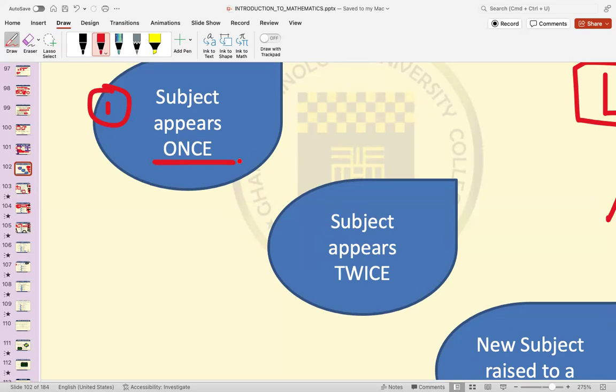Those are the 3 examples we have done. And then secondly, sometimes the subject or the letter you are looking for is going to appear twice in the expression. That is where we are now.